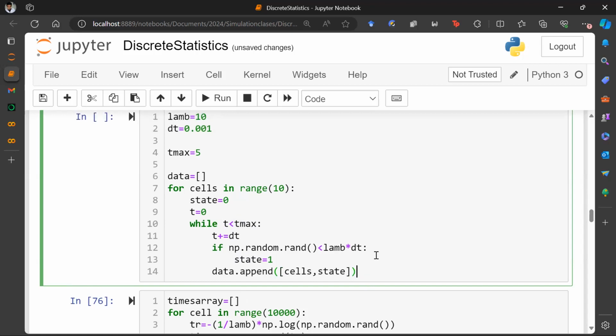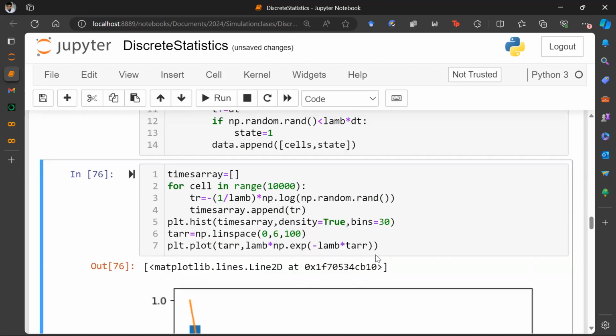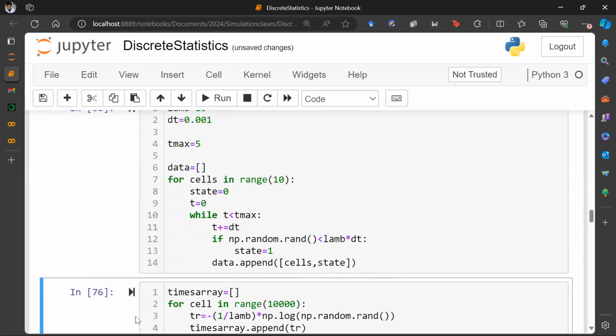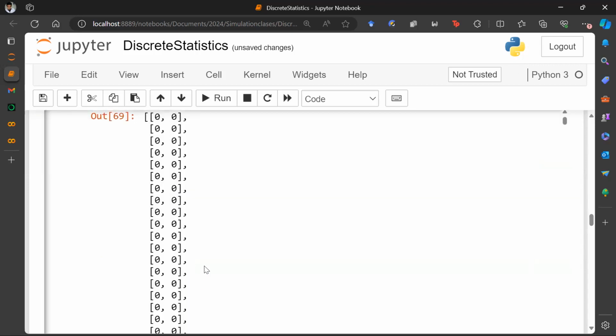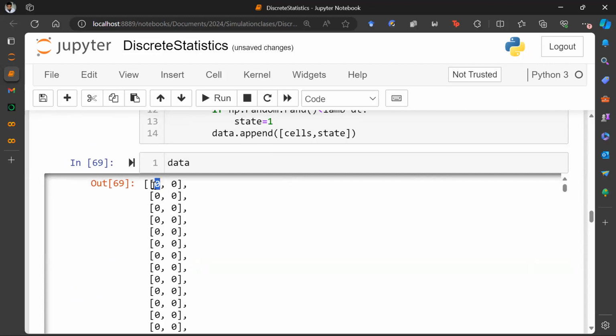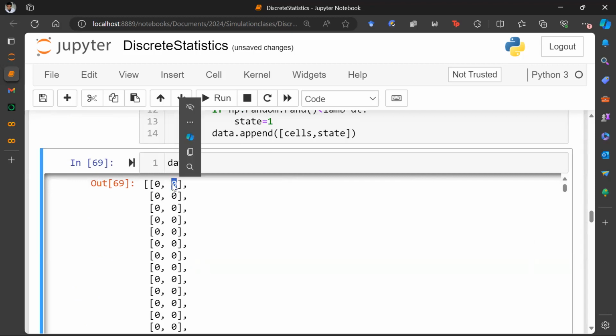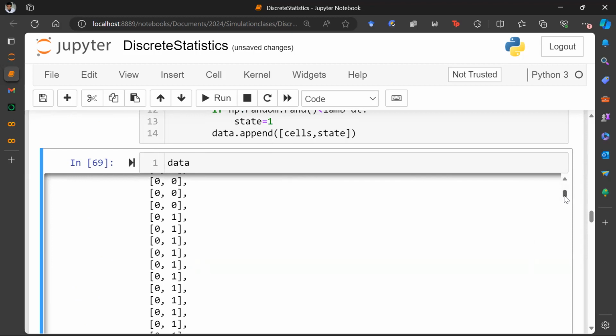Okay, and that's it. So I run this, and let's see what I get. Data is this. So this is the cell 0, and this is the state. It starts from 0, and suddenly it becomes 1.